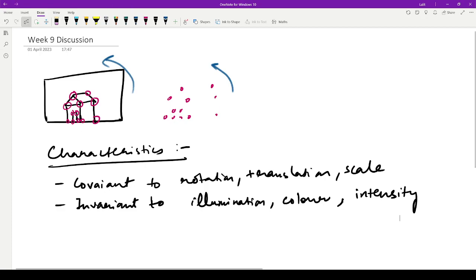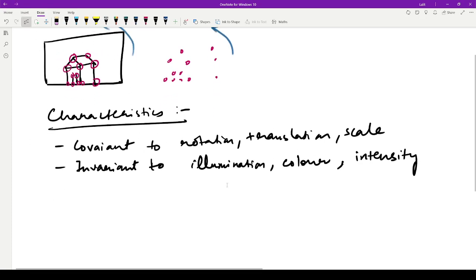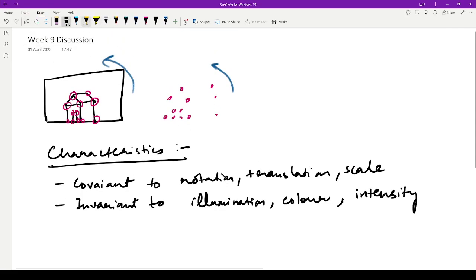So one of the nice applications that was discussed is panorama stitching. So what we have is we have two images, rather I'll just use the same image here.